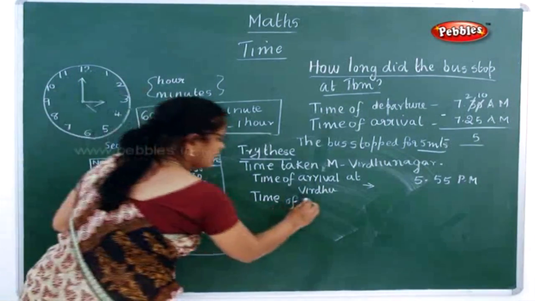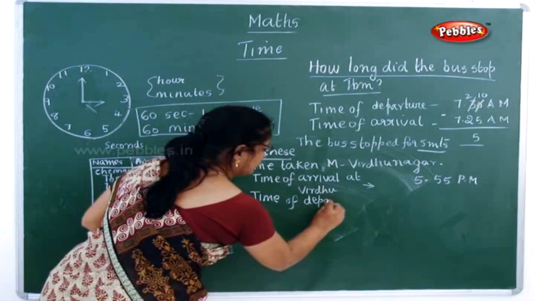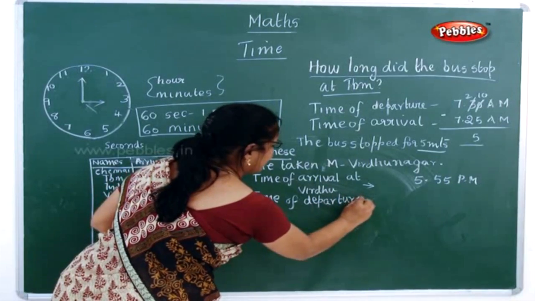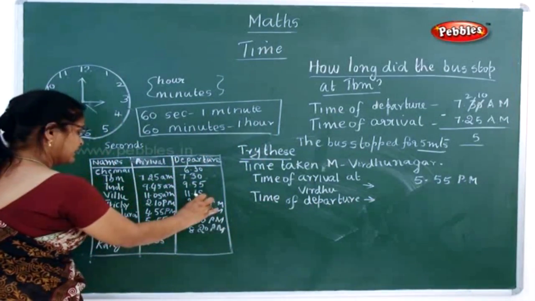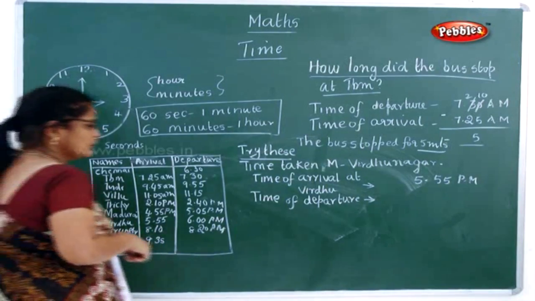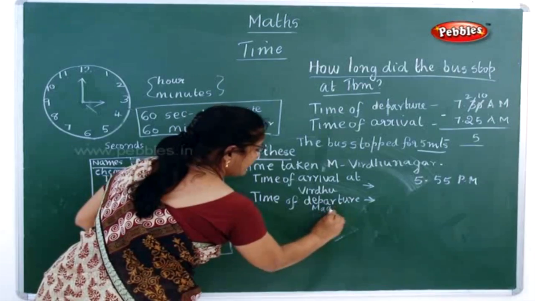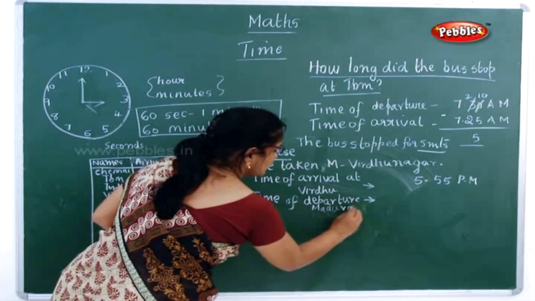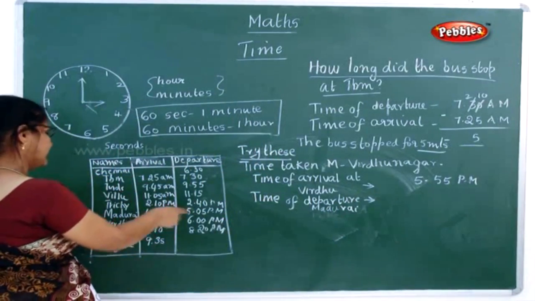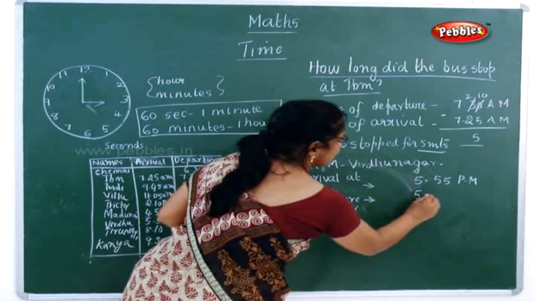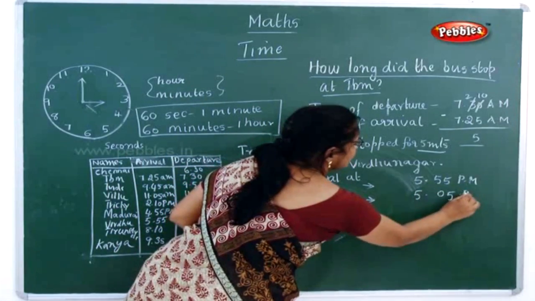So, you have to write time of departure. You are not supposed to write arrival time, because from that time it started to Virudhunagar. So, what is the time of departure at Madurai? You have to be very clear here. It is 5:05 p.m.